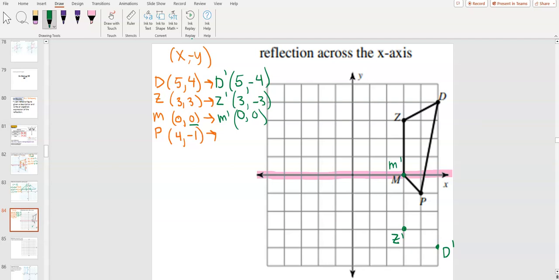It's actually going to flip right over this point. And then P prime is going to be 4. I had a negative 1, so now it's positive 1. Okay, so P is going to be up here. I'm then going to just connect my points in the same order that they are in my pre-image.